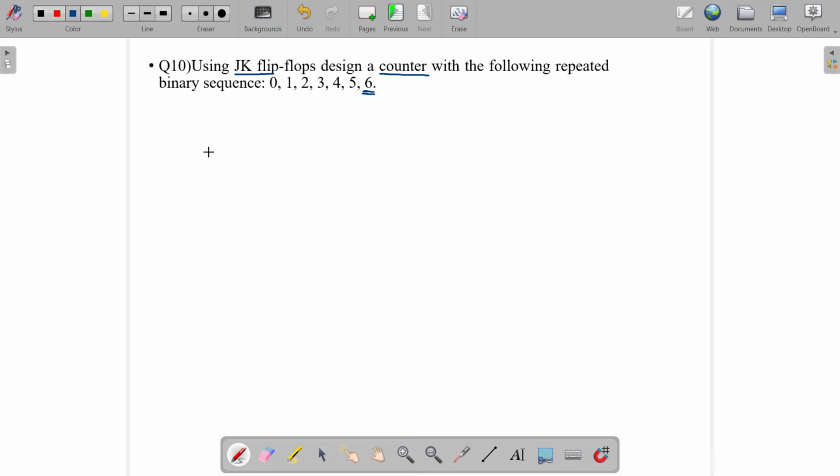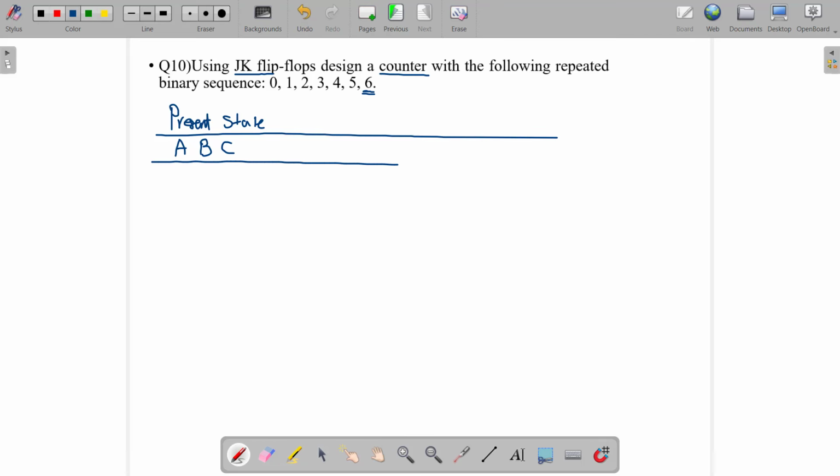So if we draw the state table, again we will have the present state. We have 3 bits, A, B, C, because 6 can be represented using a minimum of 3 bits.